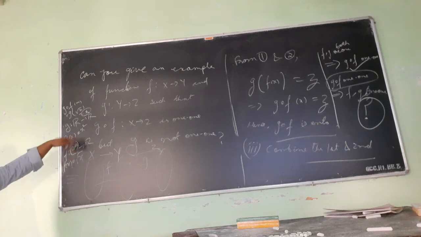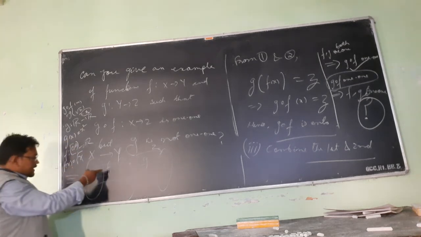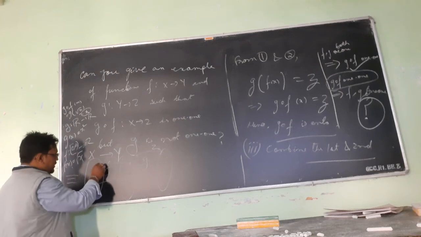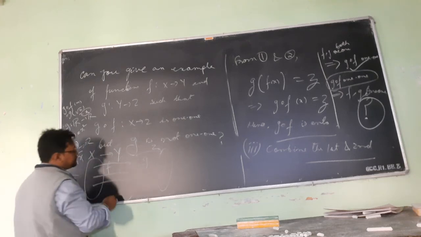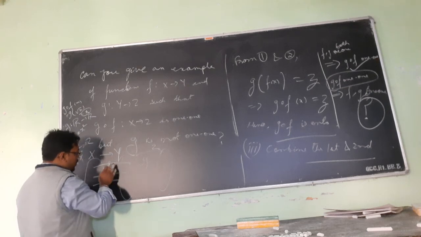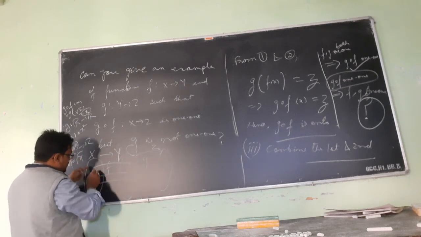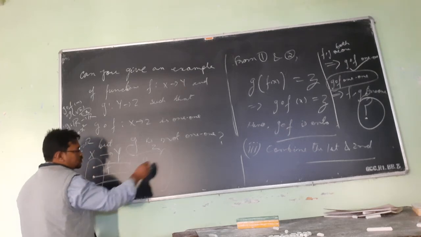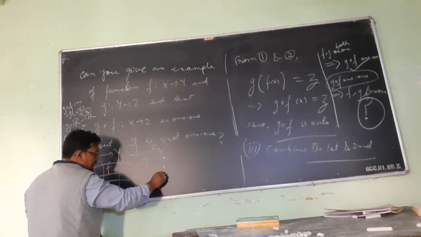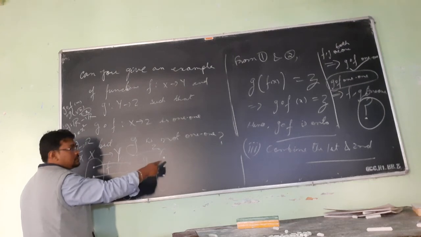We have already seen this earlier in the class. Here you see in the diagram what happens. f is 1-1, it will look something like this. And g∘f is 1-1, so these three distinct elements of X should have three distinct elements here in Z also.